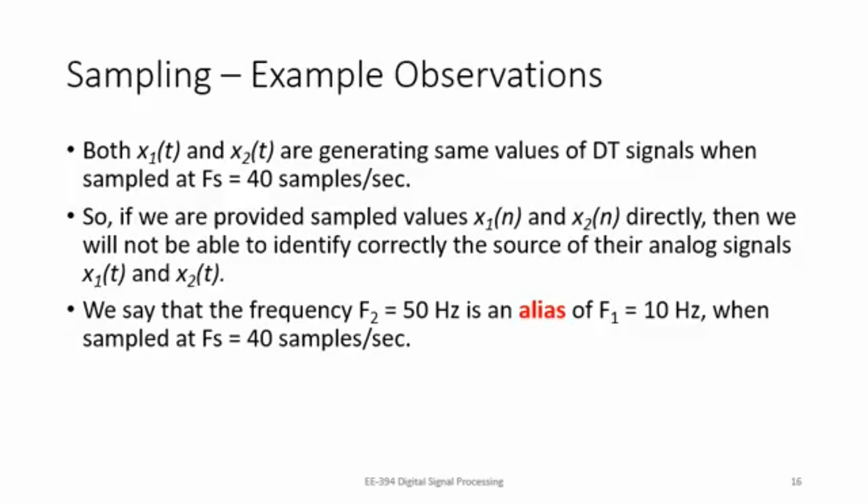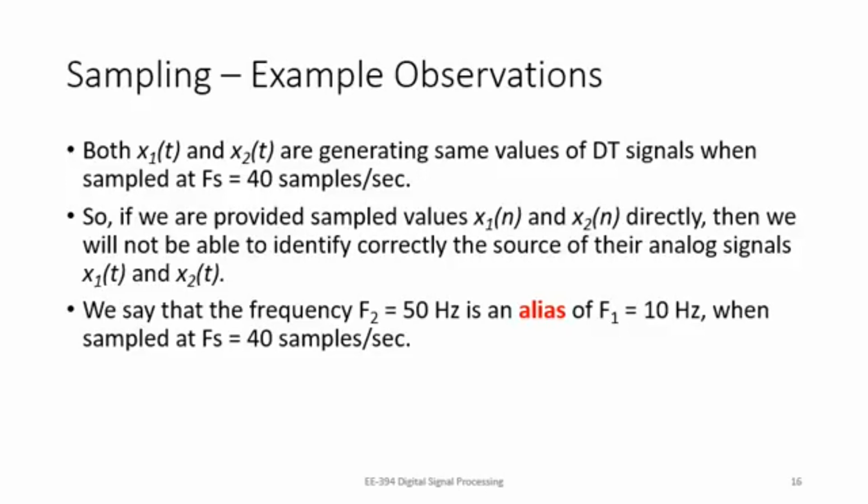Right, so now let's look at some of the things we can extract and observe from these findings. We have seen that both of the signals x1(t) and x2(t) are generating the same values when sampled at Fs equals 40 samples per second.